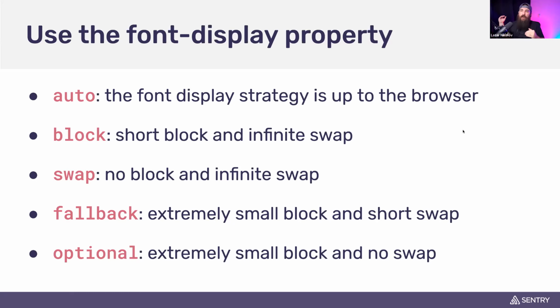And whenever it loads the web font, I don't know, 20 seconds later, it's going to swap it out. And that swapping of the font makes a lot of difference, because the difference between the fallback font and the web font will cause CLS. And there's a tool for that I'm going to show you later.